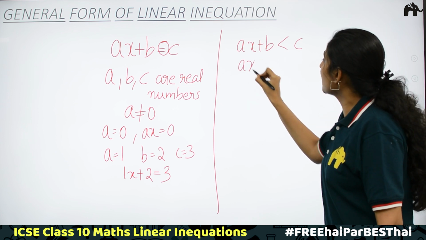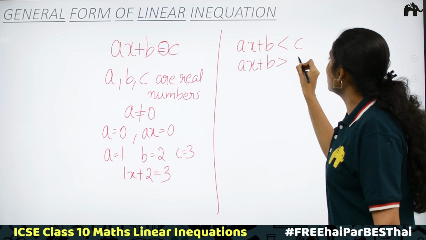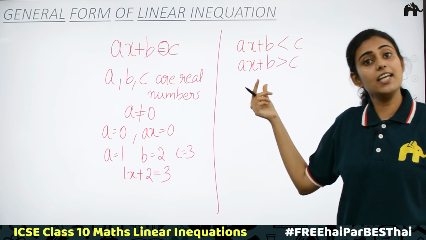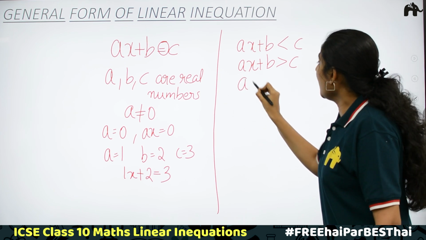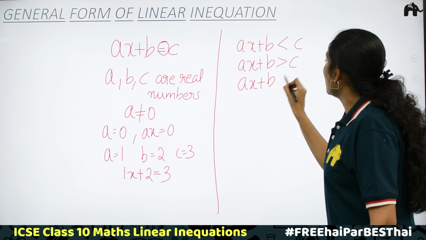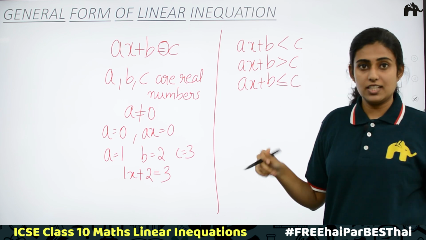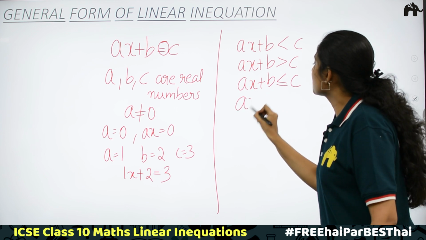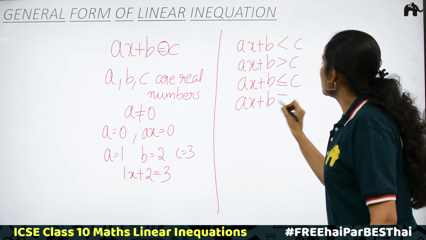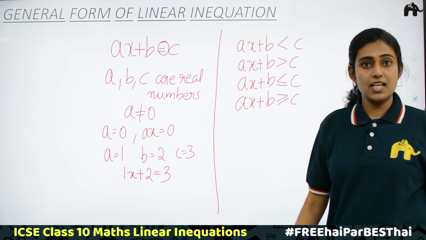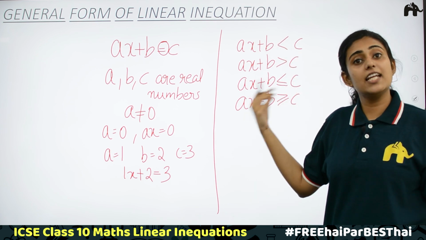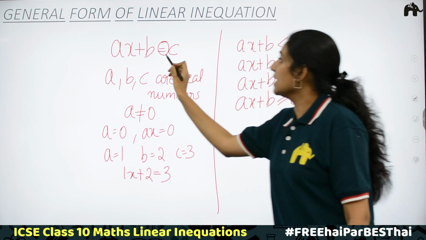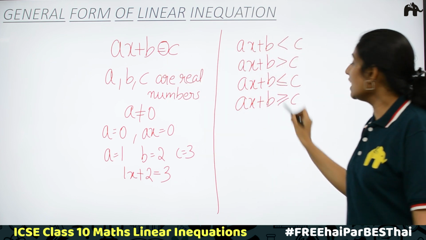Second, ax + b > c, using the inequality greater than. ax + b ≤ c. Here the inequality used is less than or equal to. ax + b ≥ c. This is the general form of linear inequation. We are just replacing this equal to sign with the inequalities.